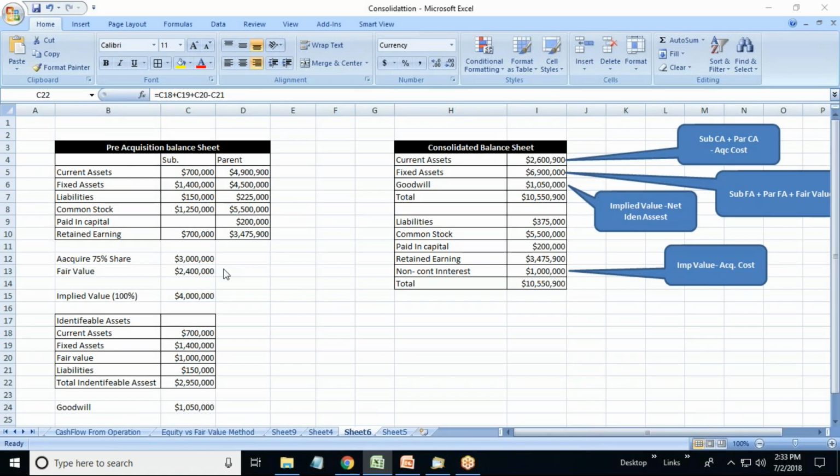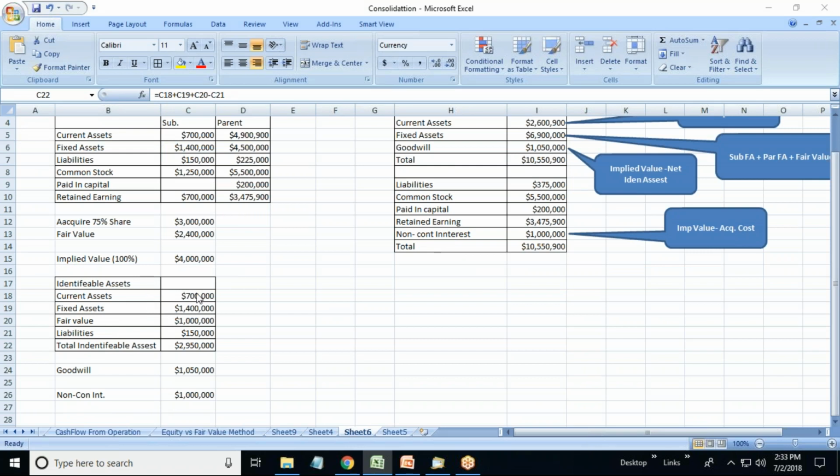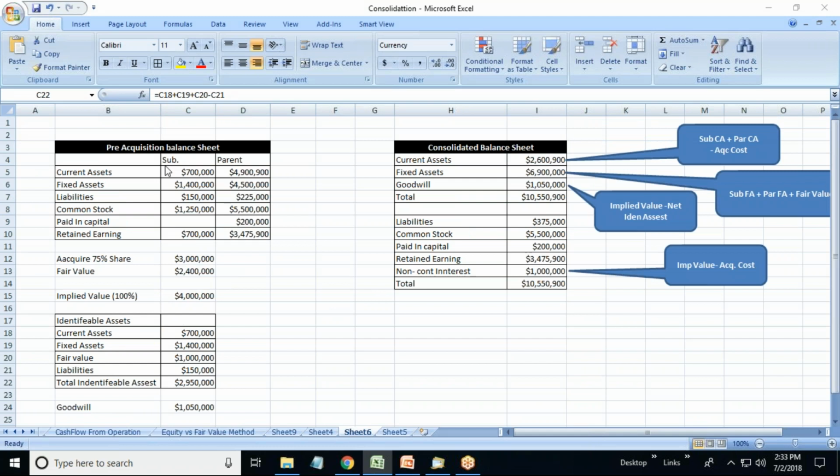The identifiable assets of the subsidiary: current assets are 700,000, and fixed assets in the books are 1,400,000.